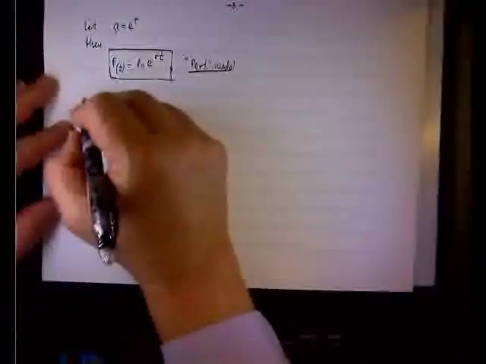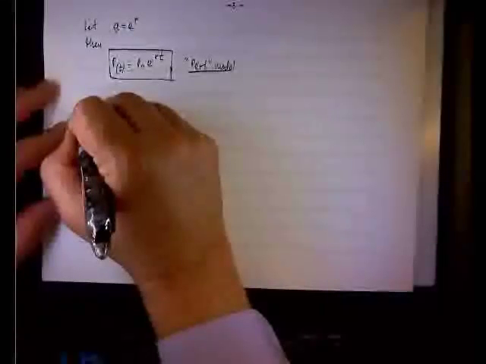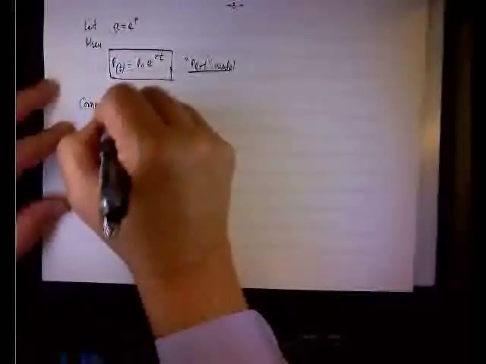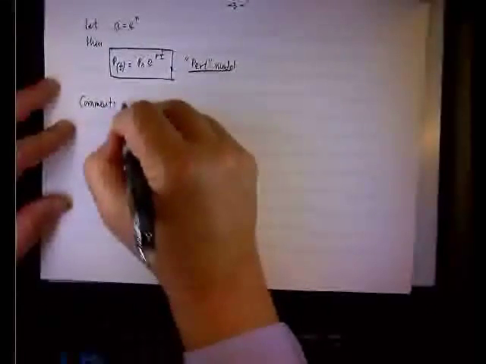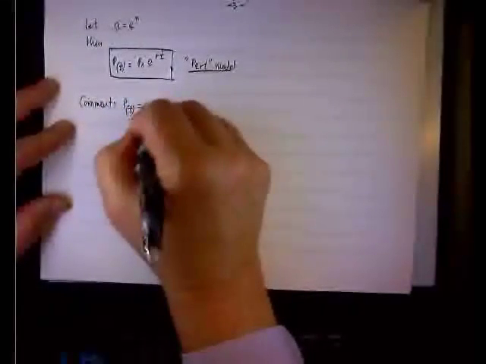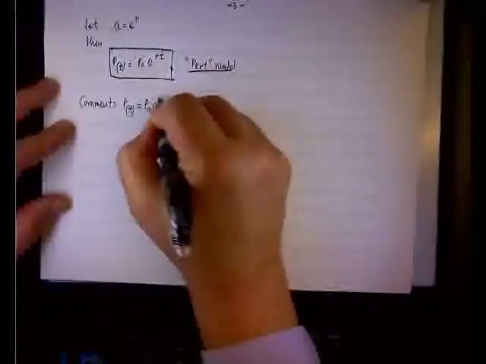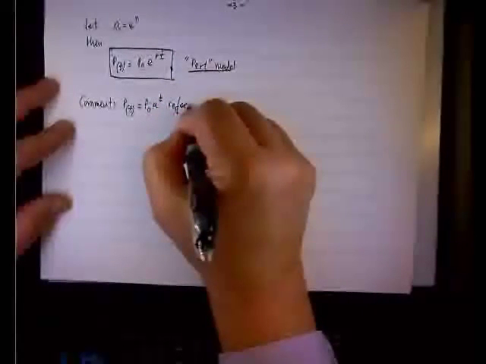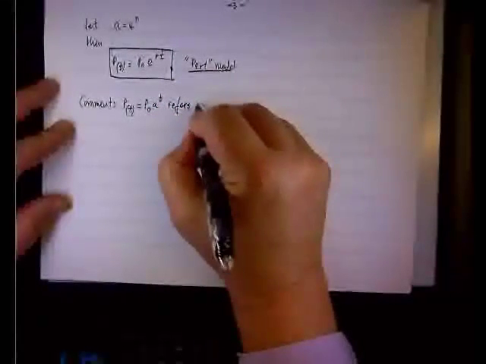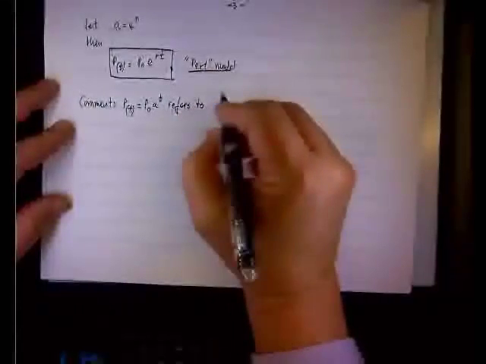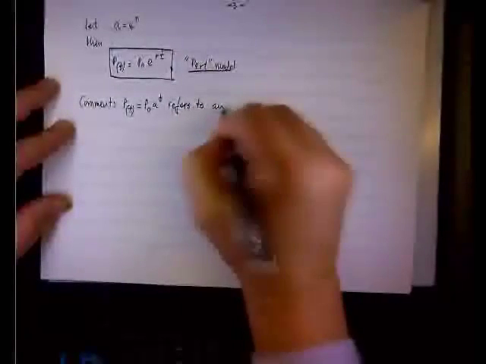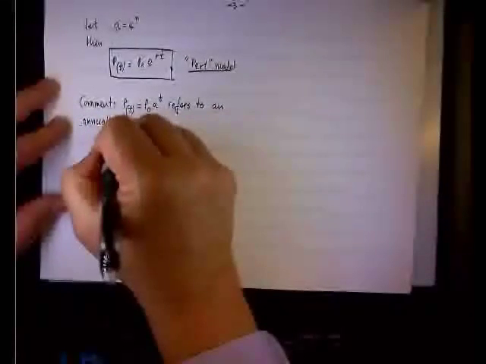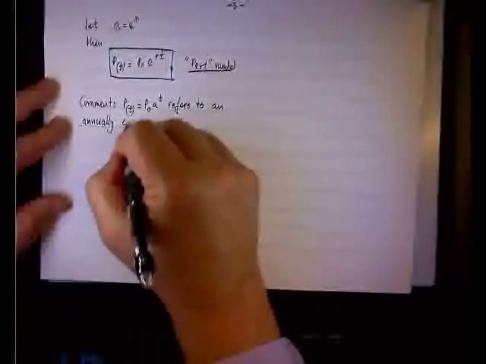So we're going to write a note here, or comment. P of t equals P sub 0 A to the power of t refers to an annually compounded interest.